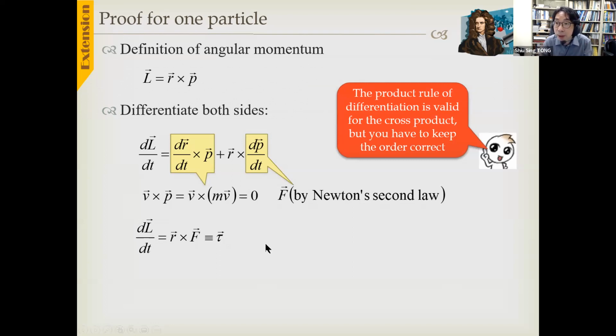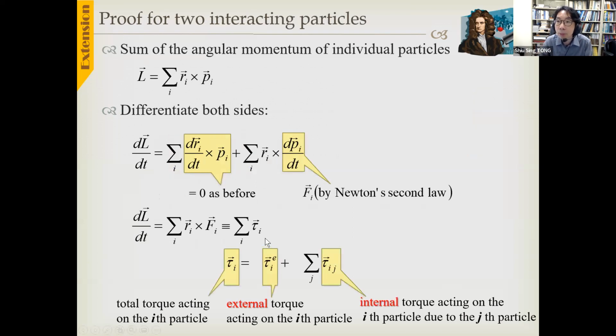Now let's be more ambitious. We want to prove it for a system of particles. Imagine we have n particles. They are not a rigid body. The whole thing can be deformed, or even all the masses can be moving randomly, arbitrarily in any direction.